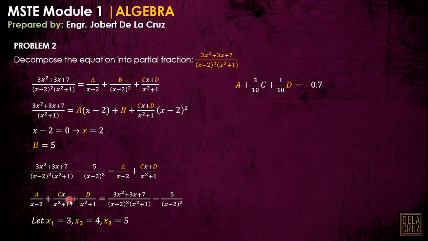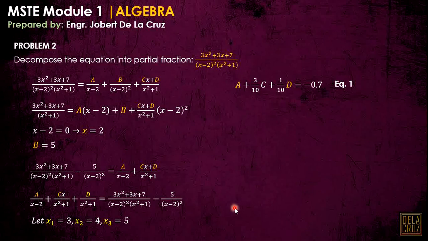So that is 3 over 10 of C. And this one, 3 squared plus 1 is just 10, so that will be 1 over 10 of D. Then substitute the value of 3 to this whole term, and it will give us negative 0.7. I will call this equation 1.